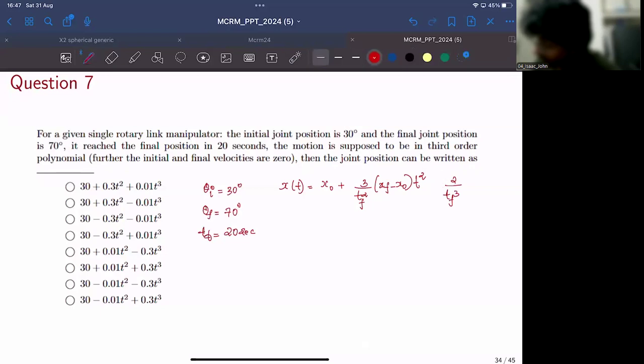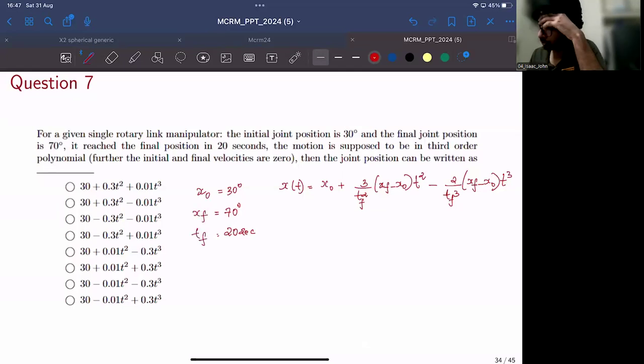Sorry, it's minus 2 by tf cube times xf minus x0 times t cube. So if you substitute the appropriate values, what will you get? I'll write this as x0. This is xf. This is tf.